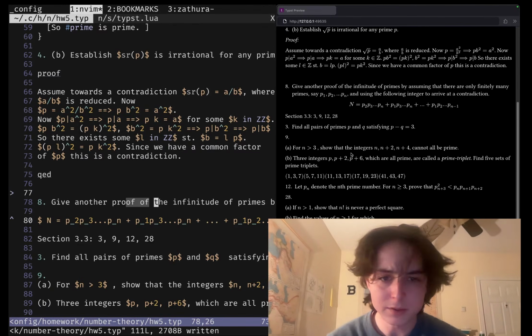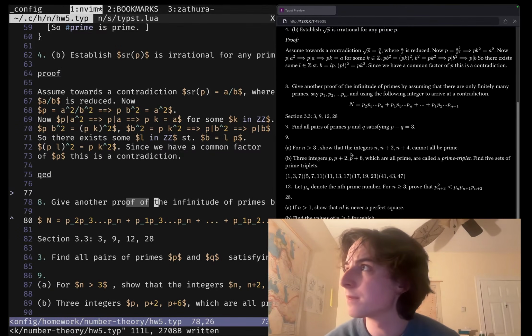And that's an interesting one, because it's like we're removing the nth prime and adding that all up. There's like a gap in each of those.